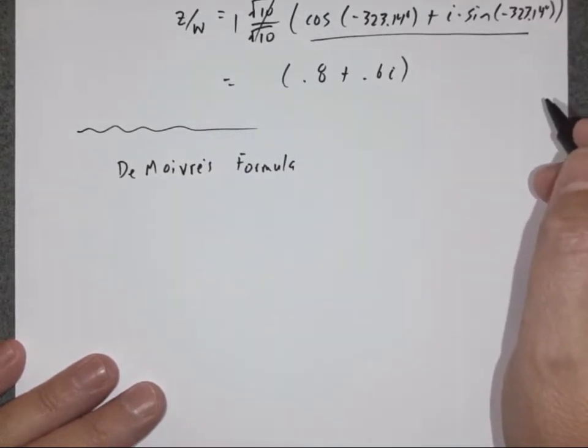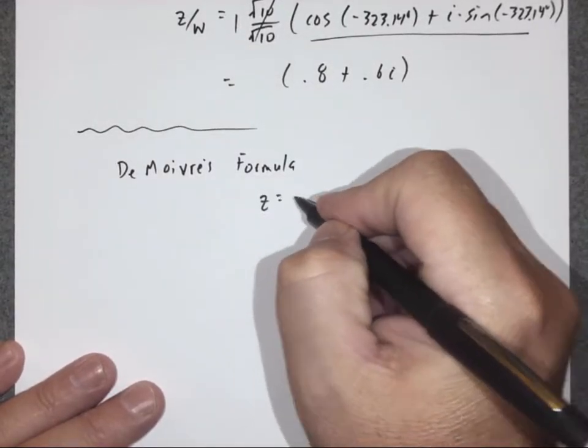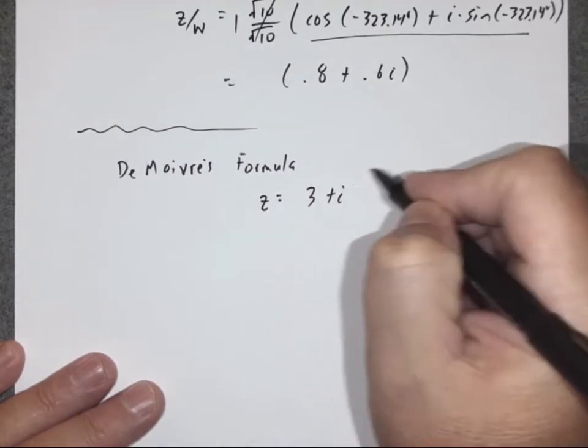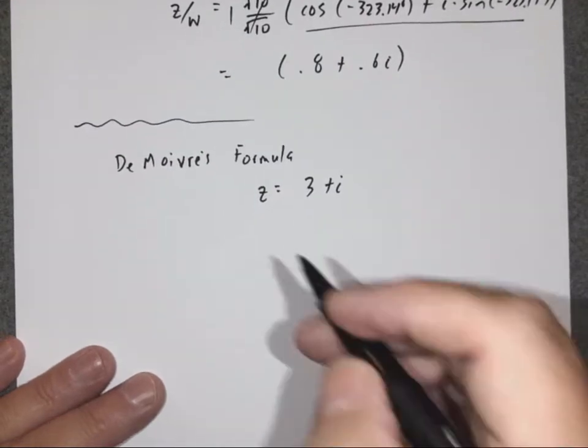Sometimes we may want to take a complex number and raise it to a power. What do I mean by that? Say here's my complex number, 3 plus i.